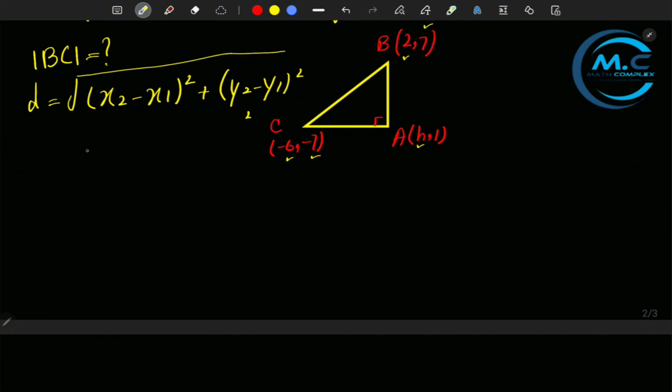Now putting the values, the value of x2 will be equal to minus 6, and the value of x1 will be equal to minus 2, whole square, plus the value of y2 will be equal to minus 7, and the value of y1 will be equal to minus 7.